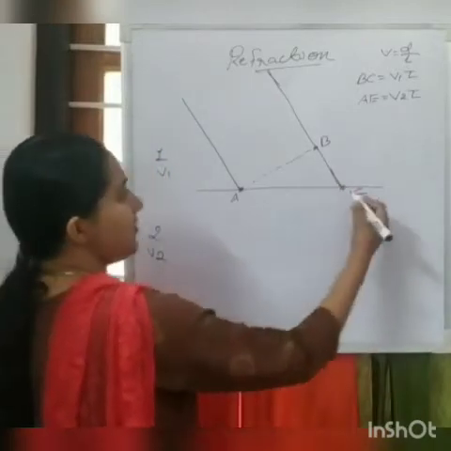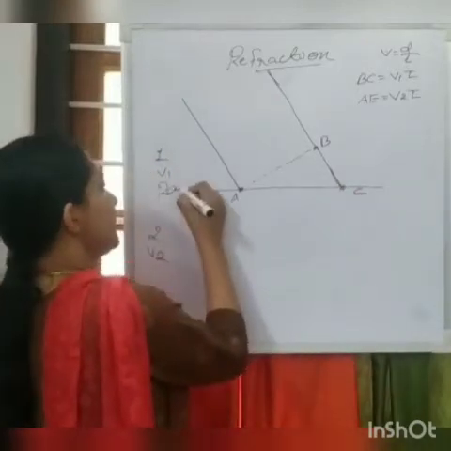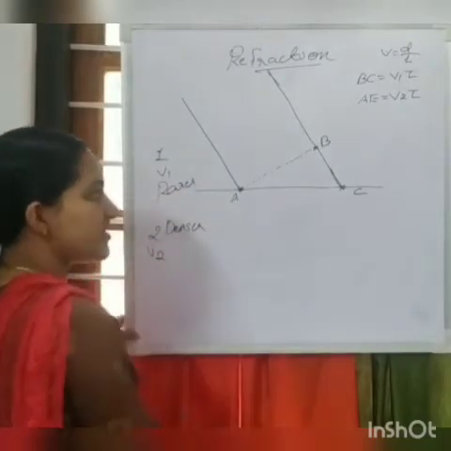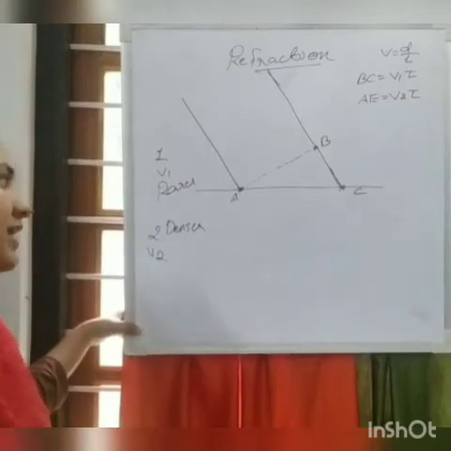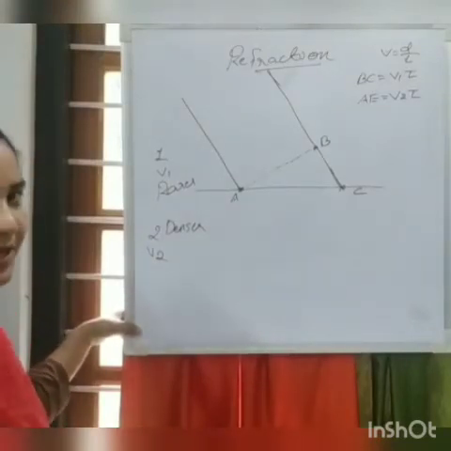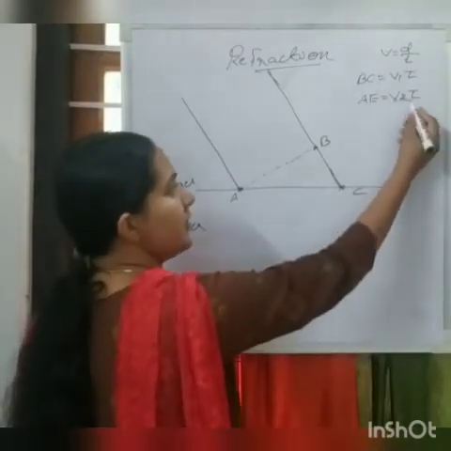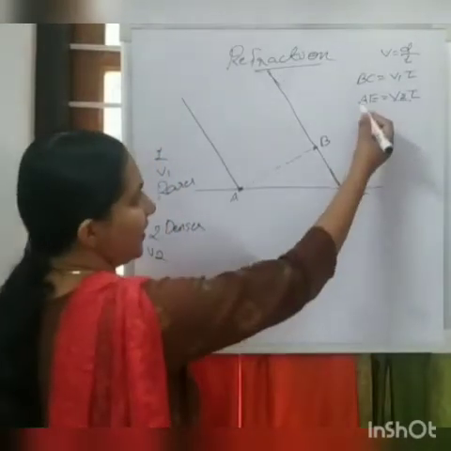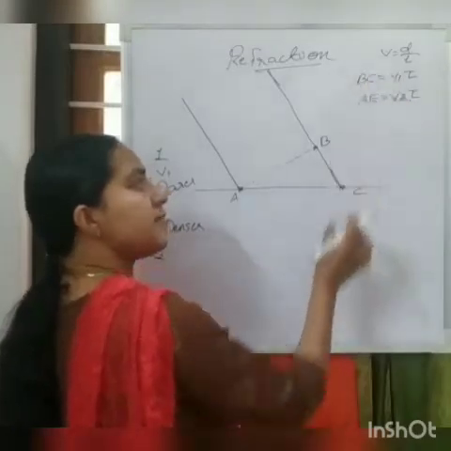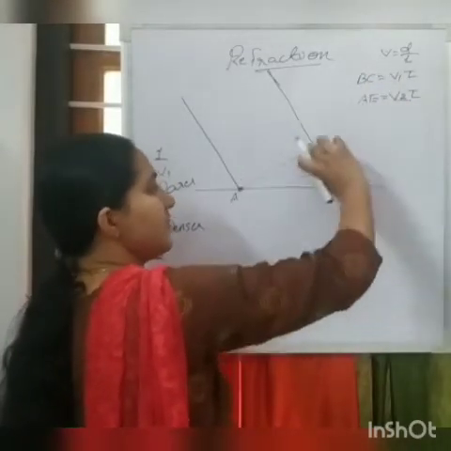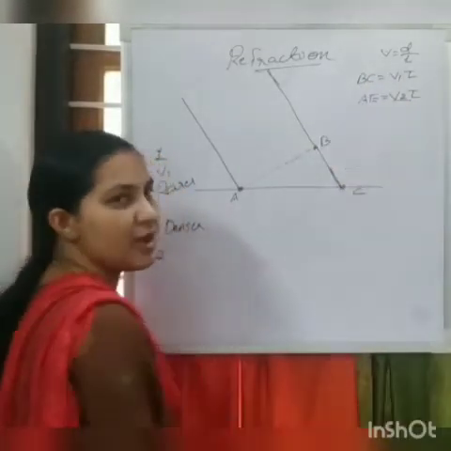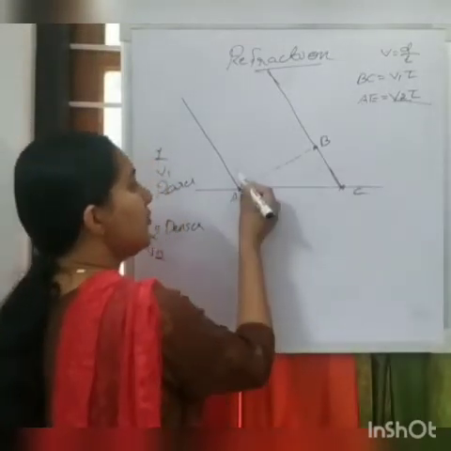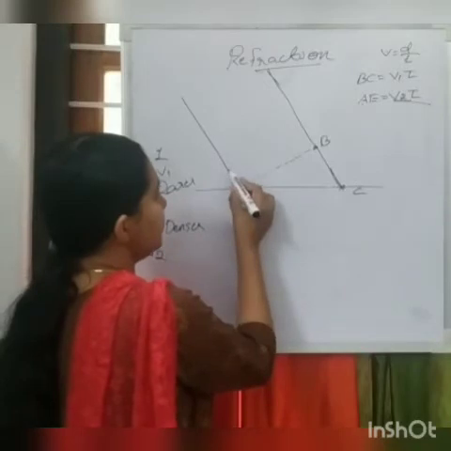Consider this as a rarer medium and this as denser medium. Second one is denser medium. We know velocity is less in the second medium, isn't it? So V2 will be lesser in the second medium. So AE will be less than BC. So this radius will be less than BC, of course. Okay. Anyway, with the radius V2 tau, we will draw a circle here.